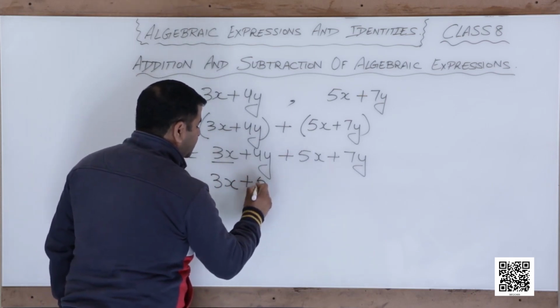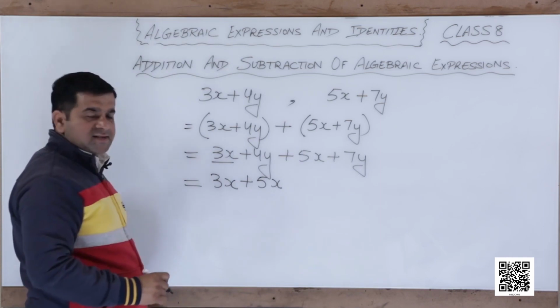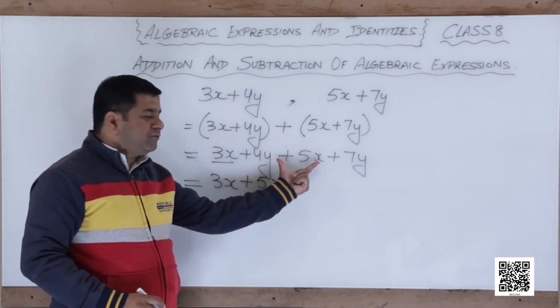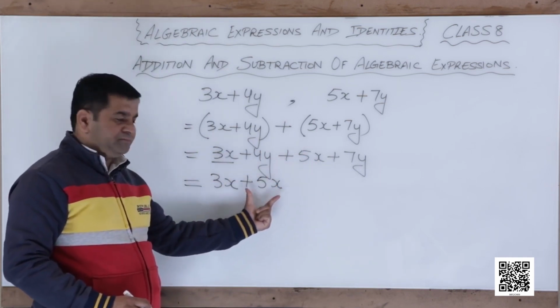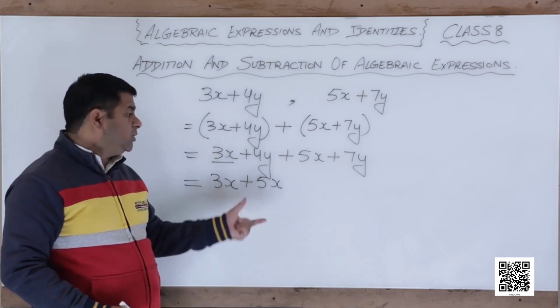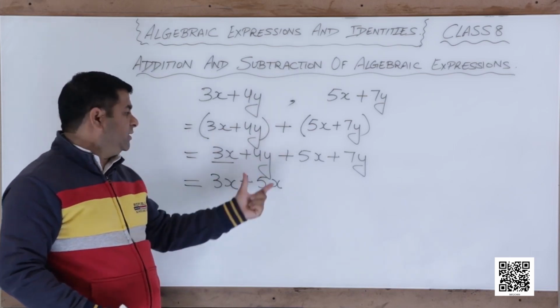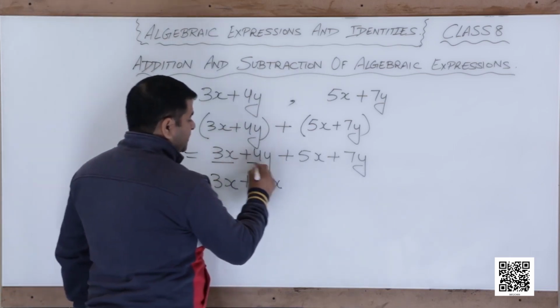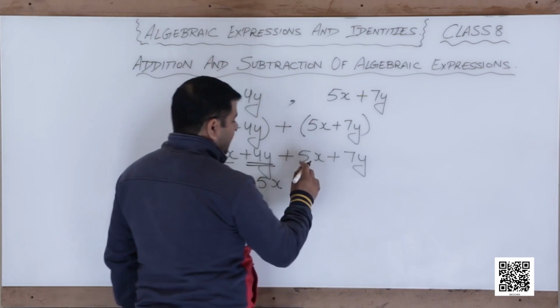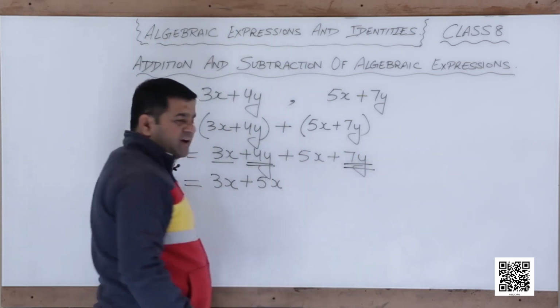So we write them together like this: 3x and plus 5x. Now there is another pair of like terms with another variable, that is y. See, here we have 4y and this is 7y.